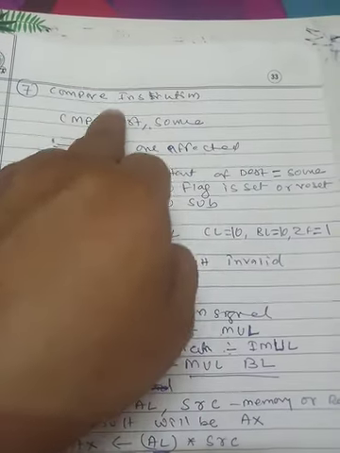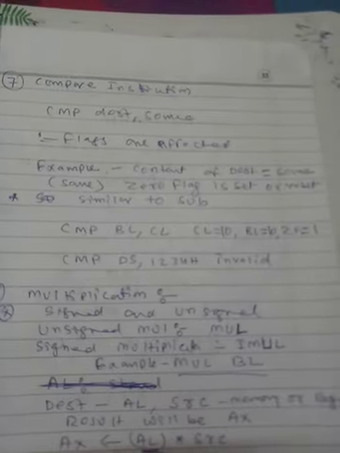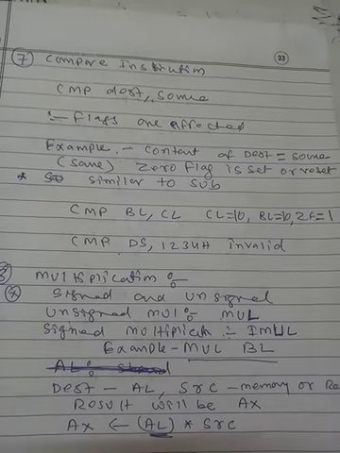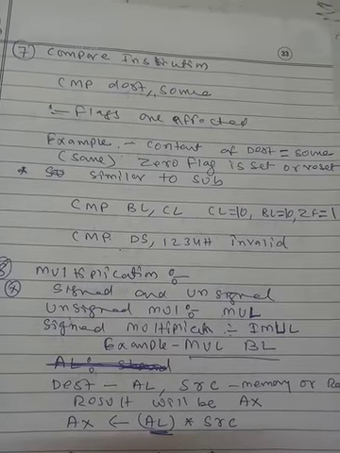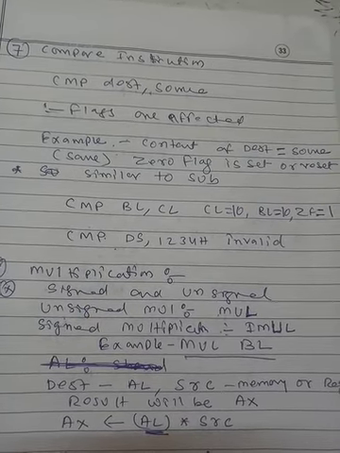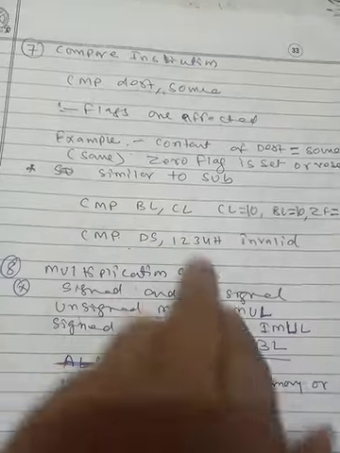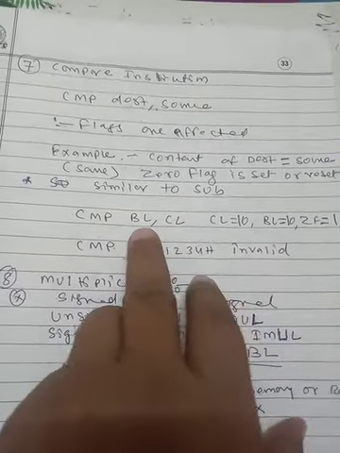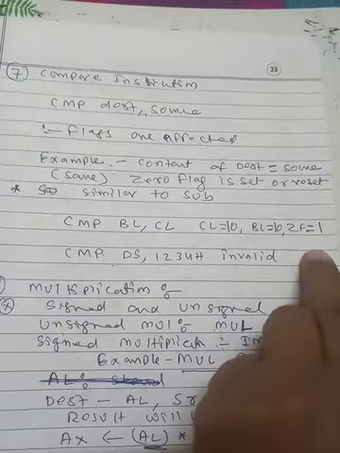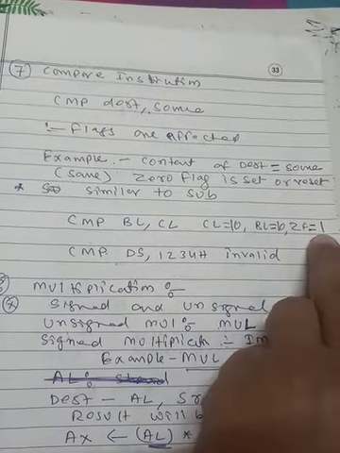Let us see, the content of destination and the content of source both are the same, then the zero flag will be set. Okay, remember the example, CMP BL, CL. CL is 10, BL is 10, both are the same, then the zero flag will be set to 1, otherwise 0.